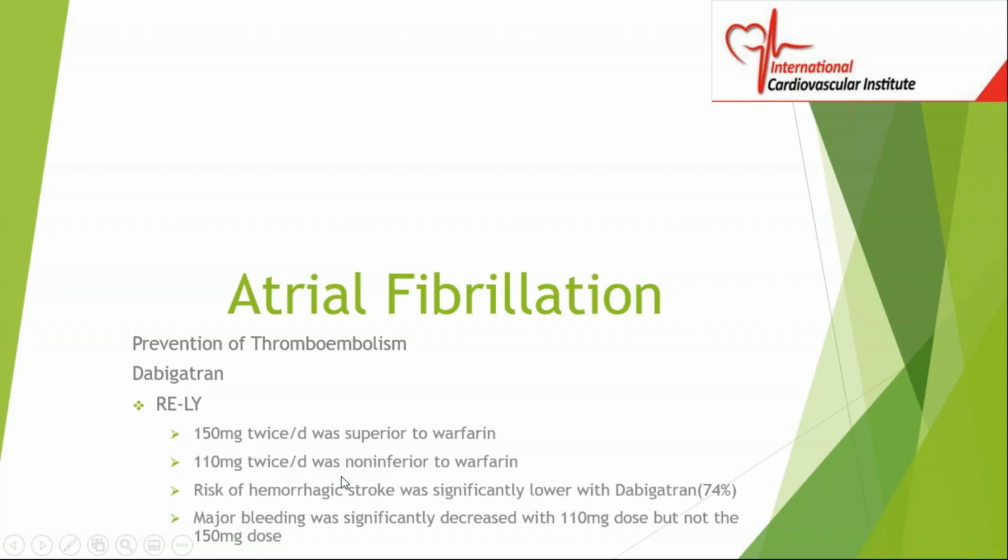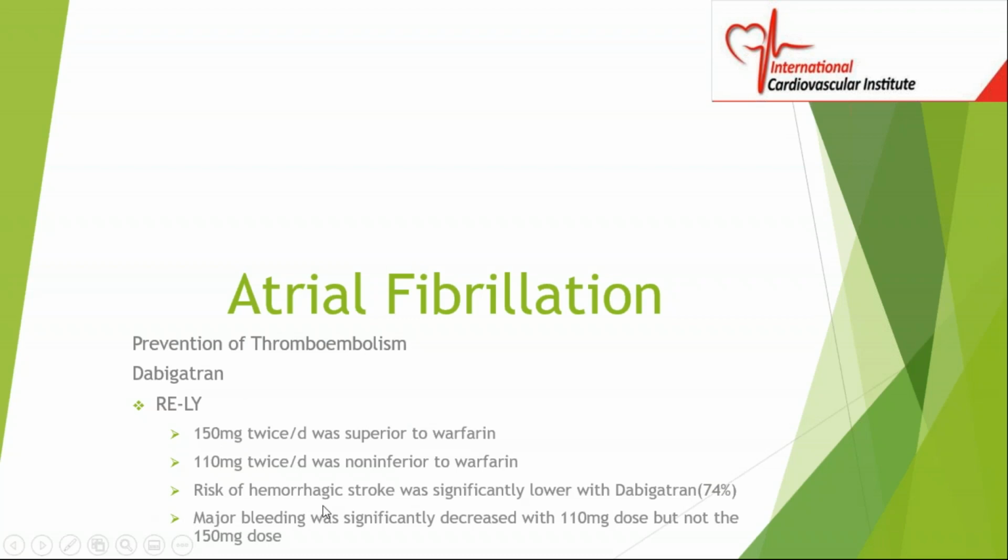Those of you who know what goes on in Europe know that the European dosing is 110 milligram twice per day, which is non-inferior. And the reason why they choose 110 milligram twice per day is because they get less bleeding with that. Whereas in the United States, they use the 150 milligram twice per day, which was a superior outcome to warfarin, but at the expense of a little bit more bleeding.